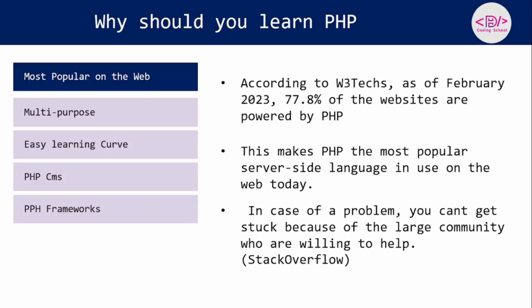At this point, I know if this is your first time doing programming or doing a backend language, you must have searched and searched on the internet, and you are asking yourself, which one should I learn? There is Node.js, there is Python, there is PHP, there is Ruby, there is Java, and so many other languages that you can find.